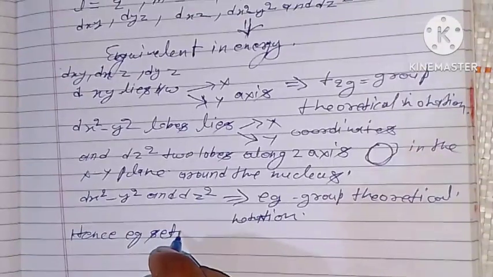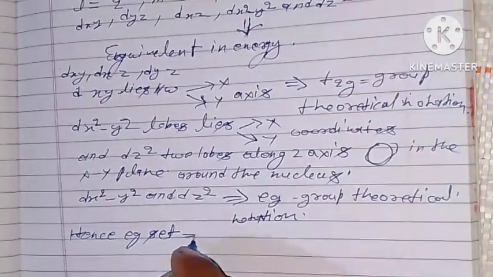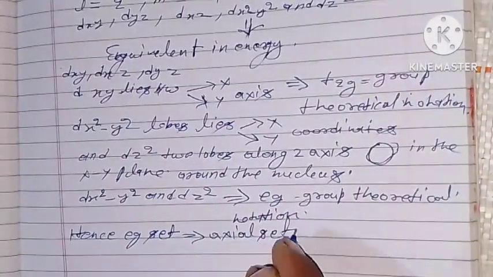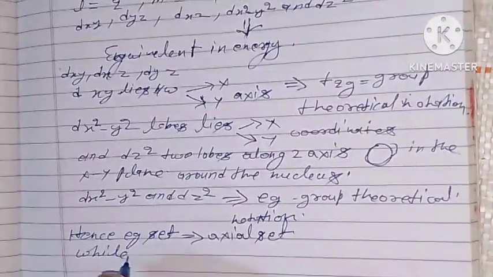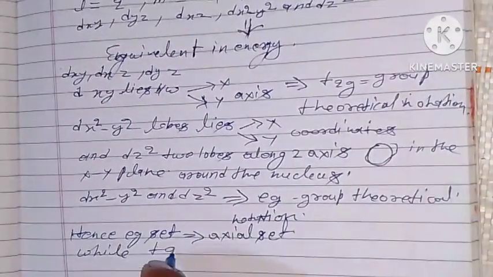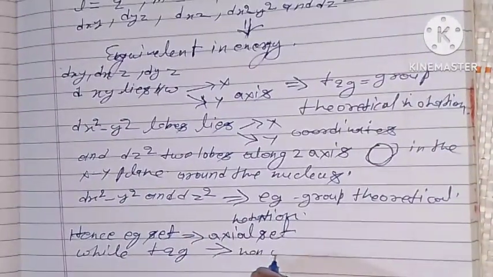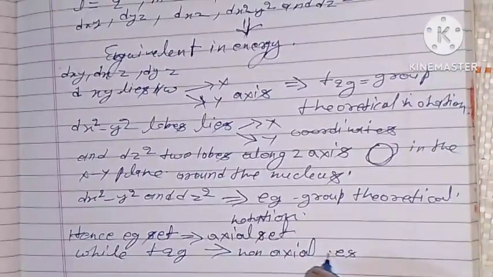Hence, eg set is known as axial set, while t2g set is called the non-axial set.